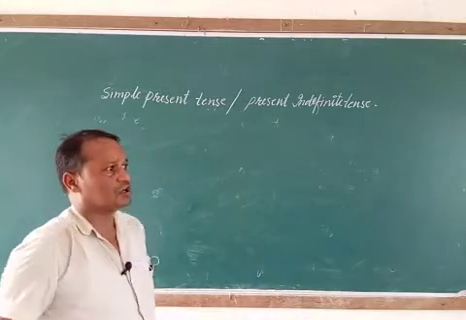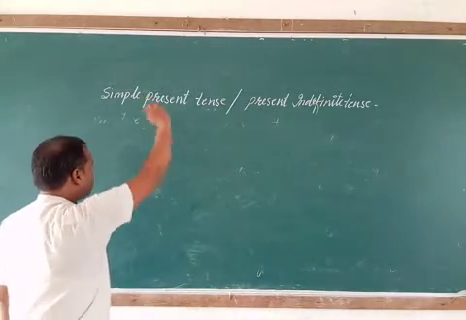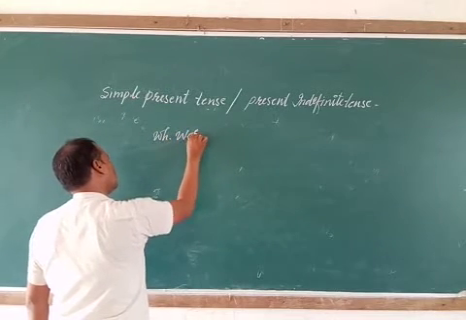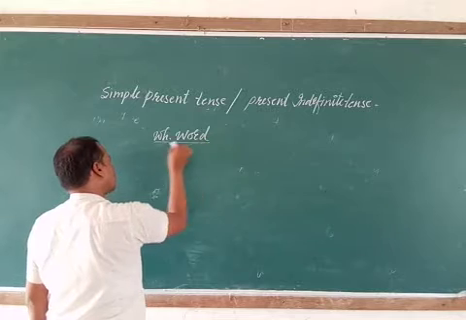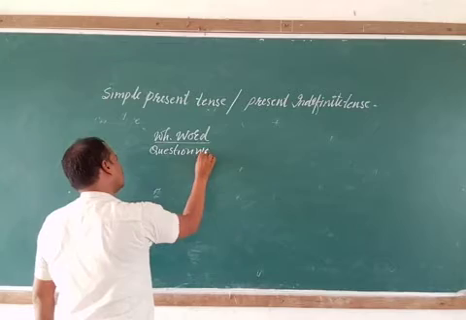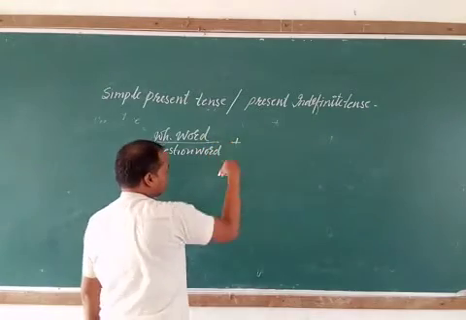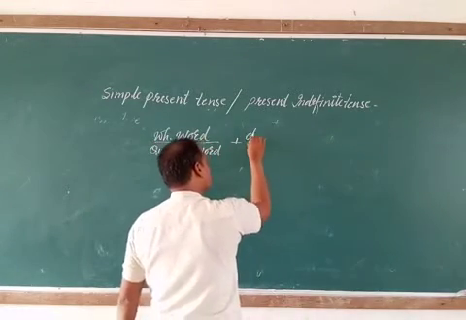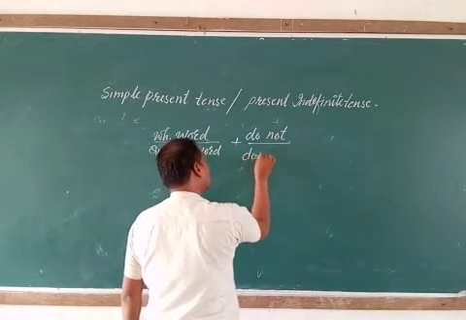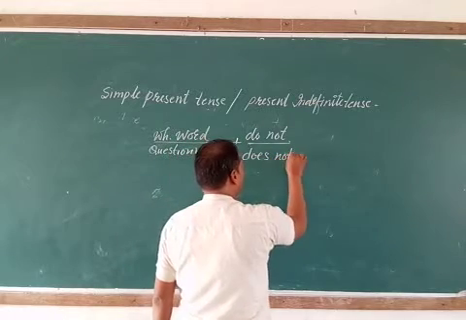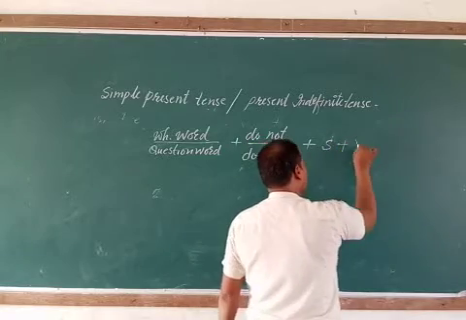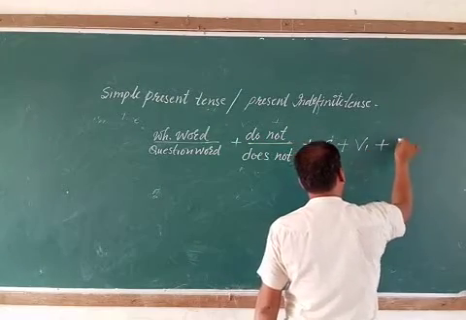So whatever question it is, we will follow the order: WH word, which means question word, these are also called question words, plus do or does, then subject, then first form of the verb, then other words, or object.